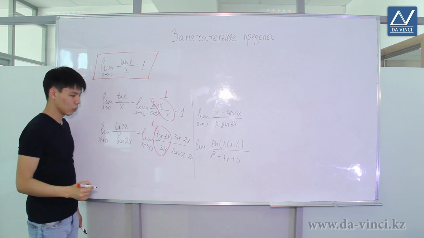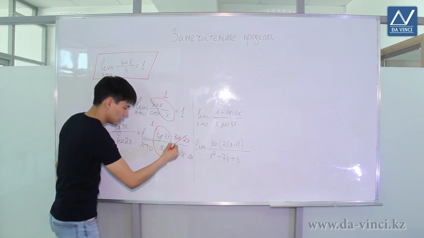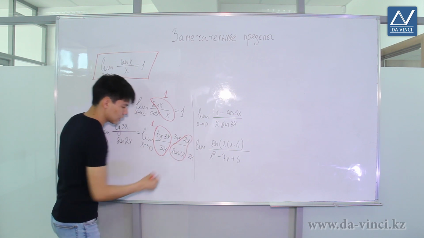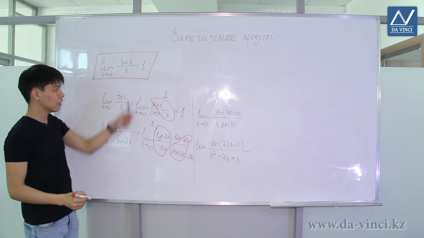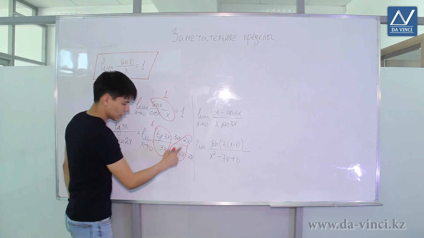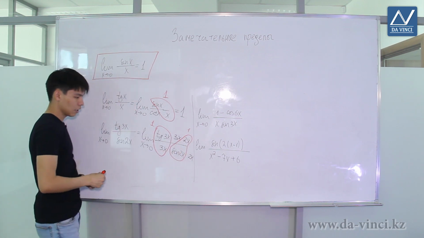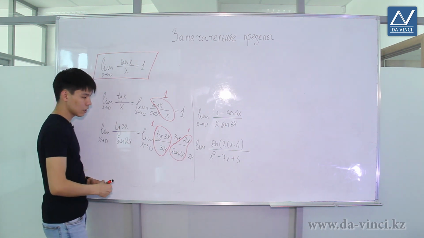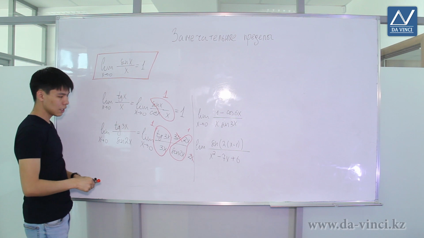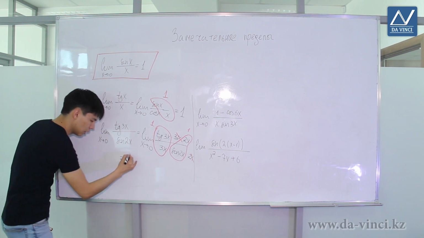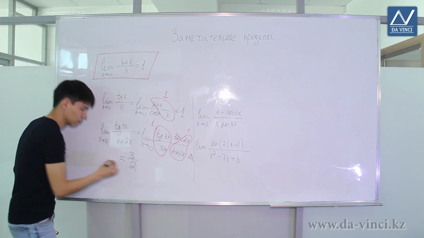This is a wonderful limit and is equal to 1. The sine of 2x and 2x, even though this expression is reversed, this limit will still be equal to 1. It's like our wonderful limit. There are 3x left, divided by 2x, but we can reduce the x's, so there are 3 and 2 left. That is, this limit is equal to 3 over 2.